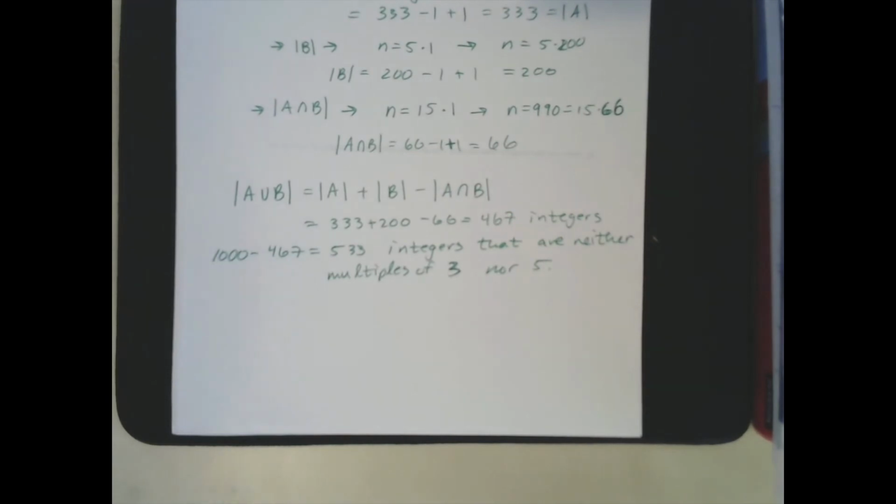Because we know what our sample space is. It's 1,000. There's only 1,000 integers from 1 to 1,000.